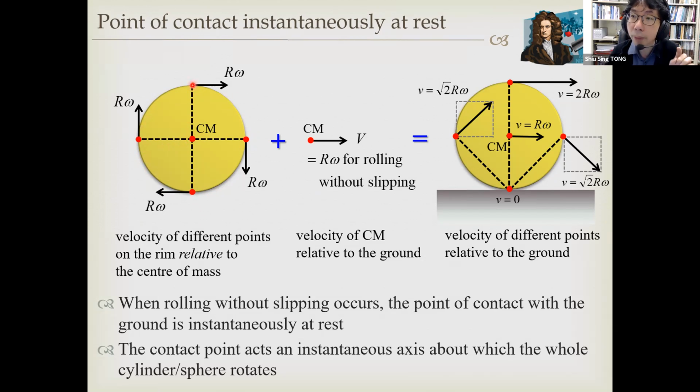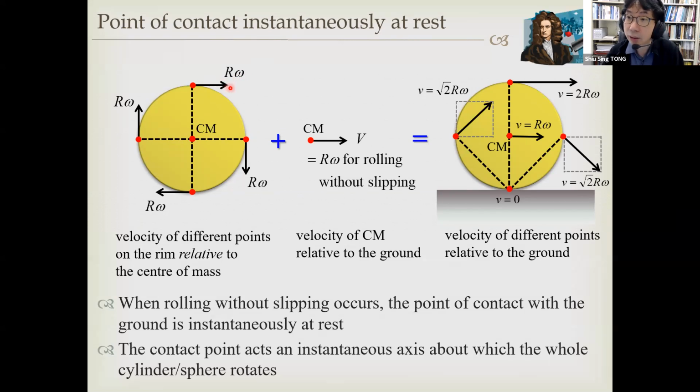Therefore, by the simple relation between the angular velocity and the linear velocity, this particle will have a linear velocity of R omega, where R is the radius of the circular object, right? Now you see that the object is rotating in this figure in the anti-clockwise direction.